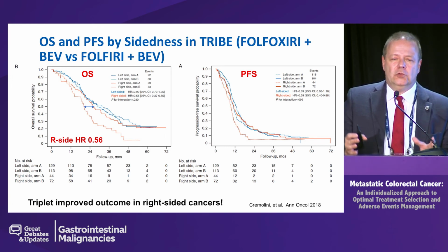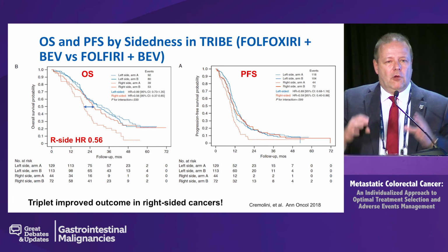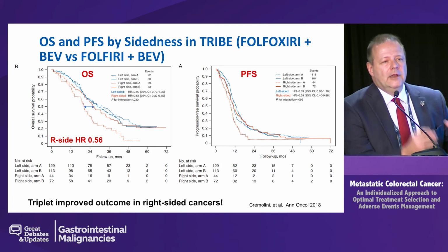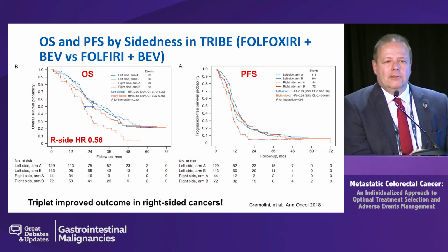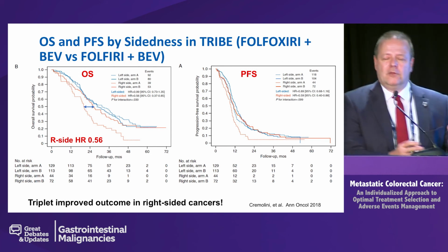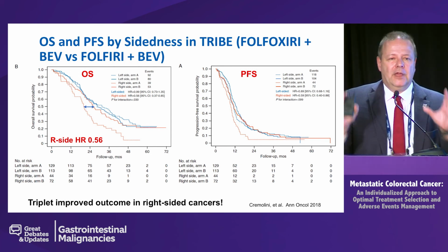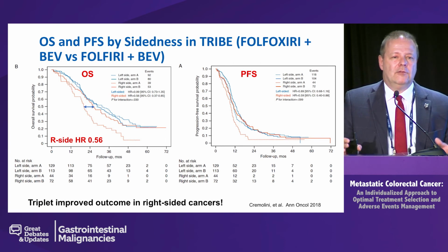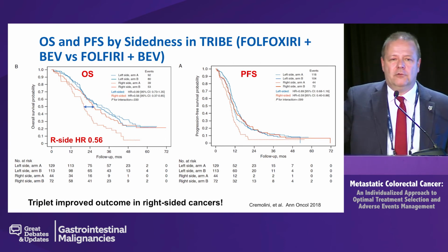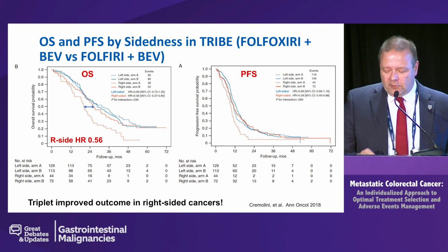But the data showed that all the benefit we saw overall in the study was only linked to right-sided tumors. Right-sided tumors have bad prognosis. Aggressive tumors need more aggressive therapy. So if you have a patient who is a candidate for a triplet, right-sided tumors, independent of BRAF and RAS, consider using a triplet.